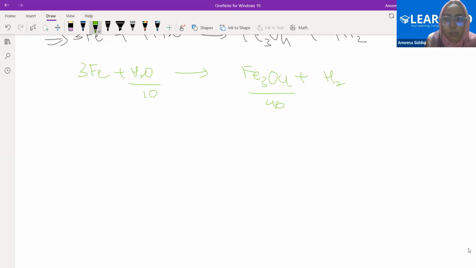So what do I do? 3 Fe plus 4 H2O. Now let's first check for iron again. Is it balanced because of the balancing of oxygen? Yes. Then what is left? Now go through this equation. How many hydrogen atoms here, beta? 8. How many here? 2. What do we do? 4. We add 4 to the H2.